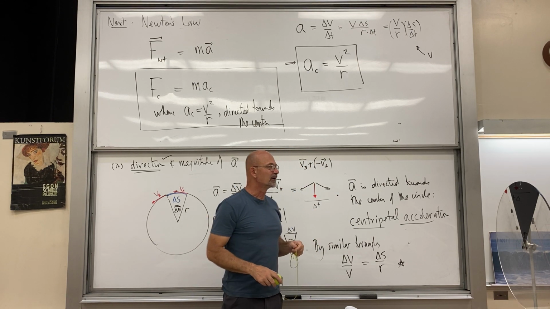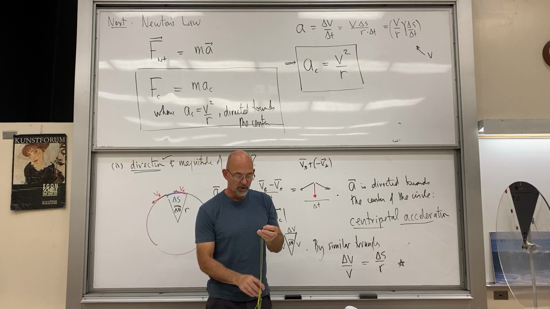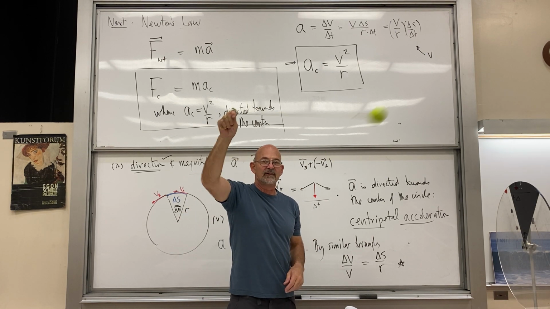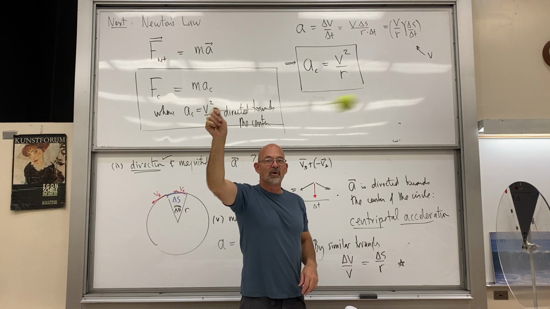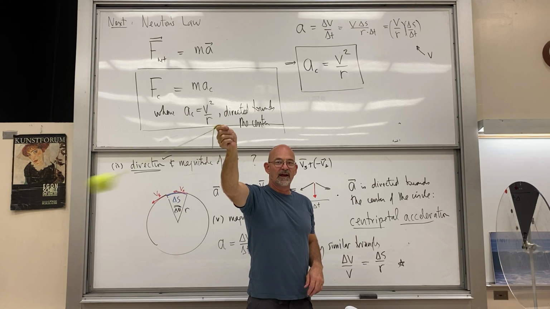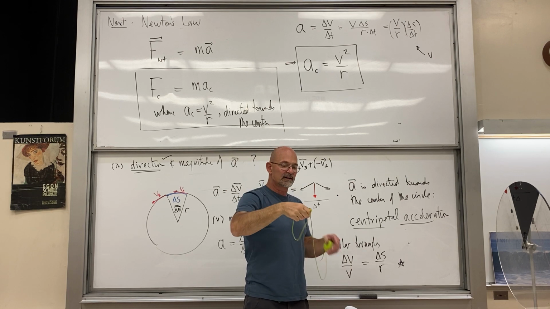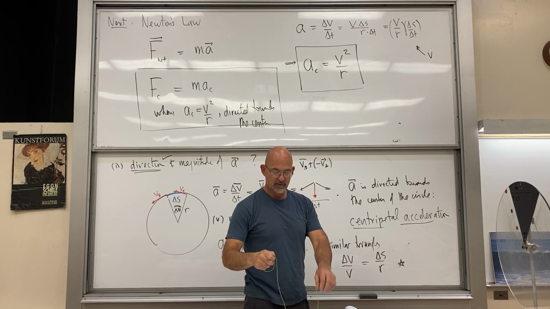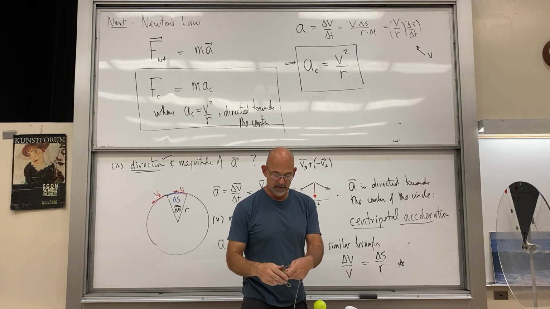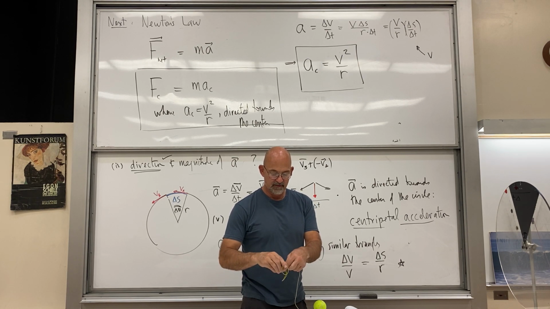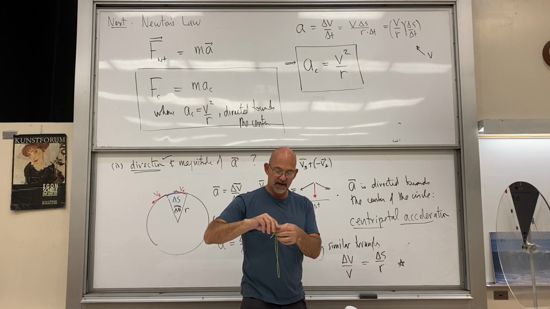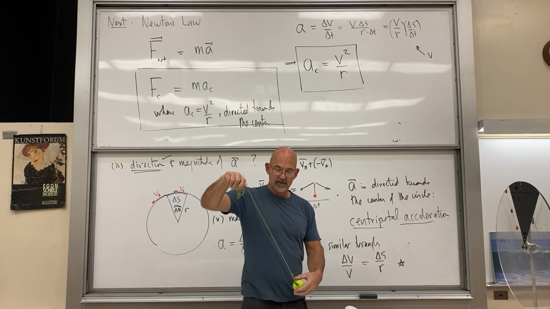Now what I like to do when I have a class is whirl this thing over the heads of the class, and then I let go at an instant when the ball is directly towards the class. Gotta be careful with this. If anything went wrong, I would hit the class, and in this case, I'll hit the camera.